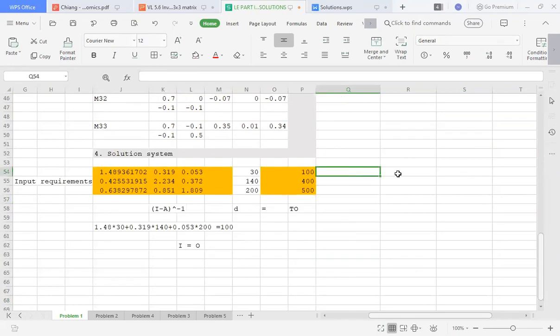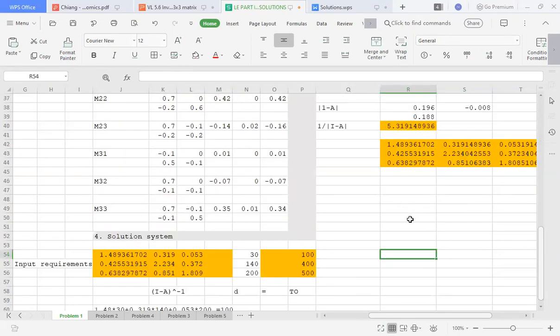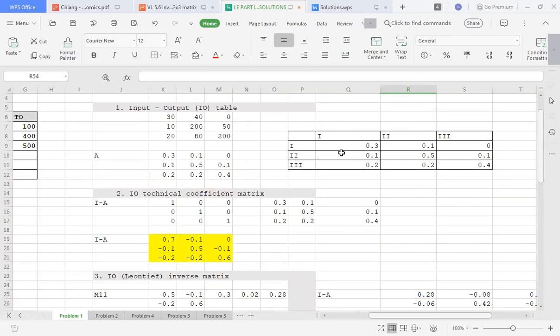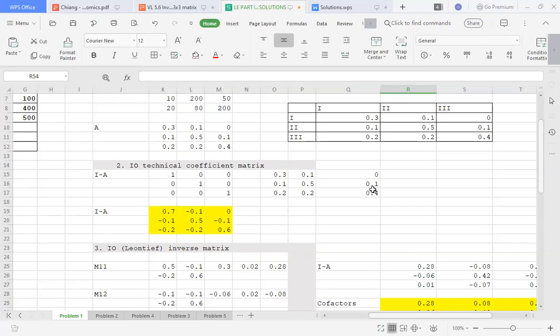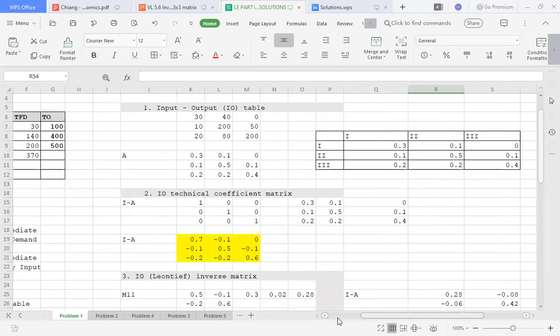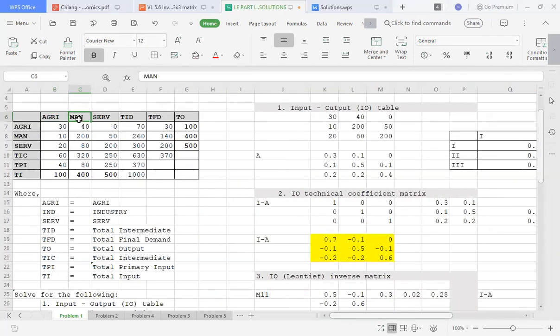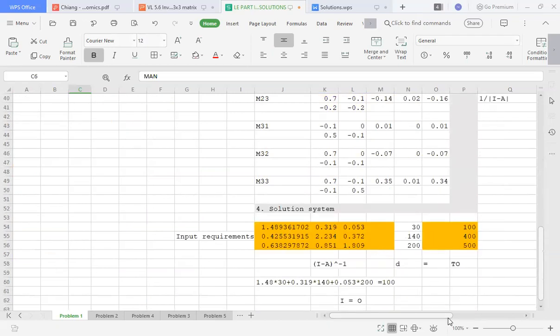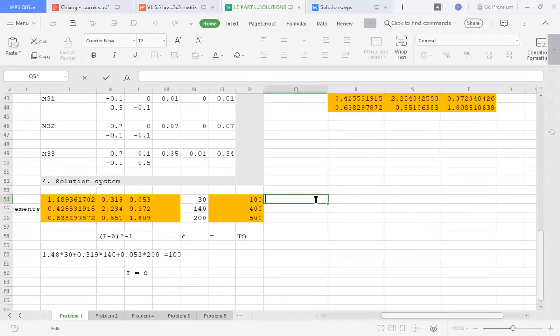Now, because we have assigned this one, class, let me rewrite also. Because this is sector 1, sector 2, and sector 3, so this is agriculture, manufacturing, and services. So what does this tell us when it comes to economic interpretation? So that is agri, man, and services.